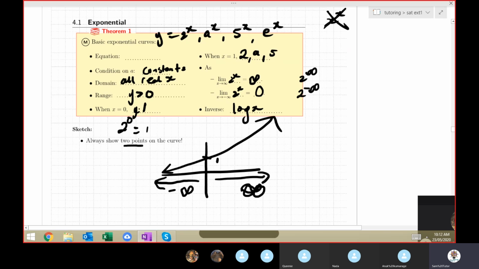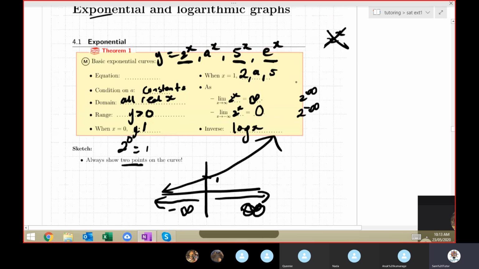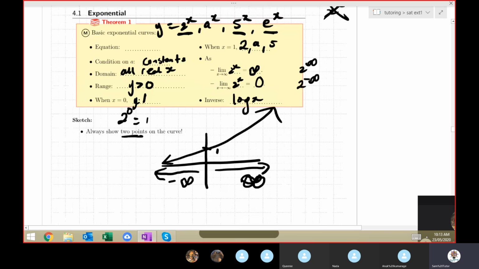It's good to always show 2 points on the curve. The reason why we say that is because if you had to draw this one here, compared to this one here, compared to this one here, all 3 will cut through 1, and all 3 will look exactly the same. So it's important for us to see that when you're subbing in numbers, like if I had to sub in 1, you know that the y value of let's say this curve, it's at 2.